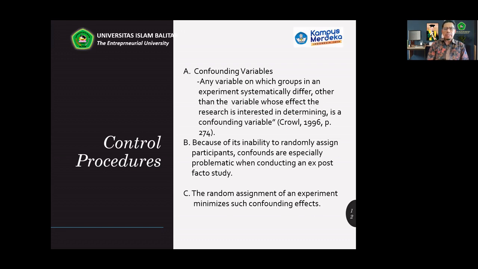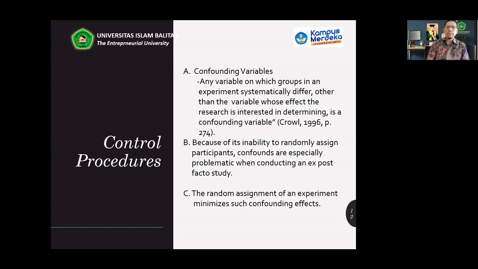What we mean by confounding variables: any variable on which groups in an experiment systematically differ other than the variable whose effect the research is interested in determining is a confounding variable.